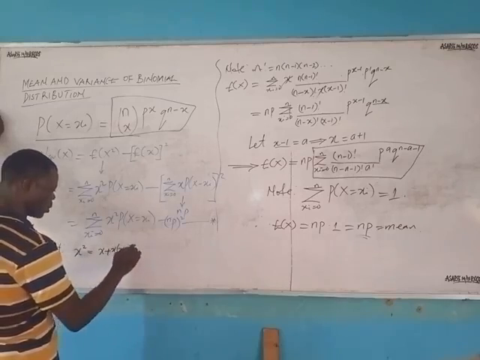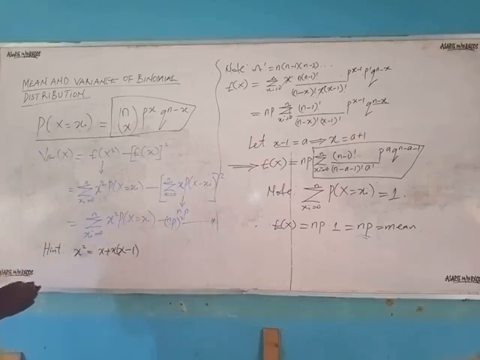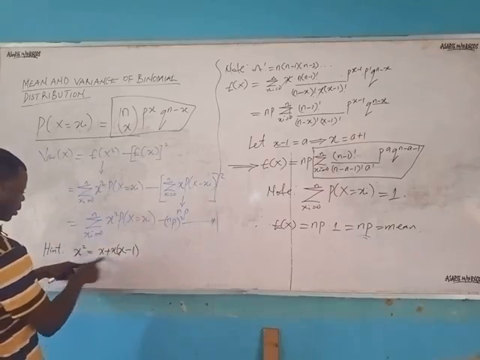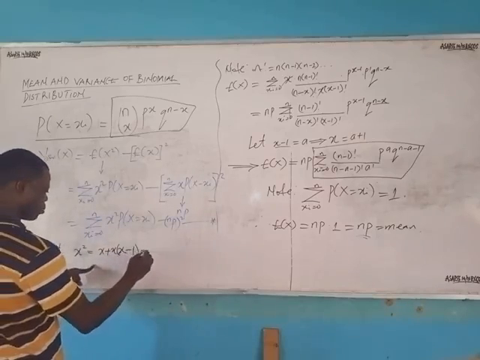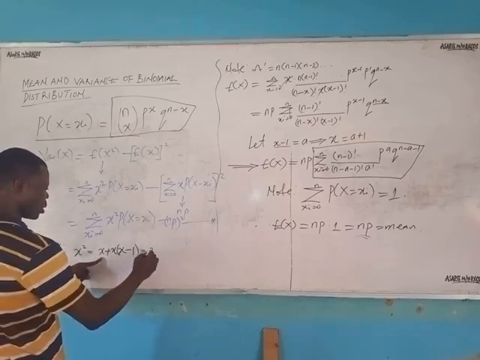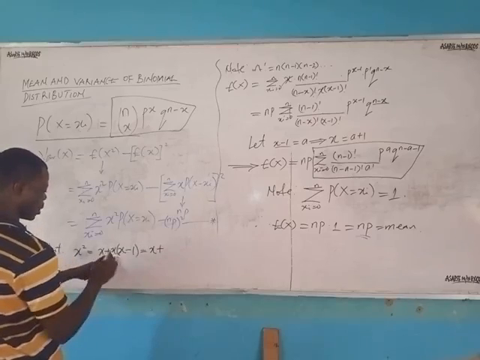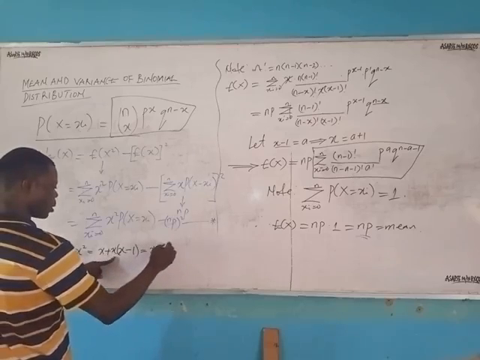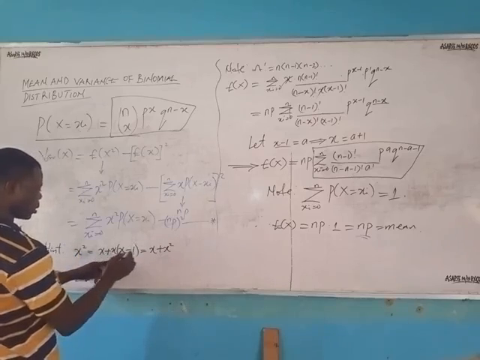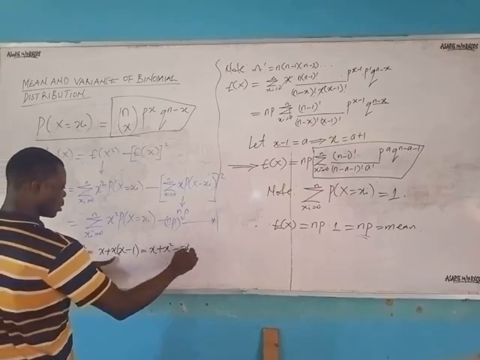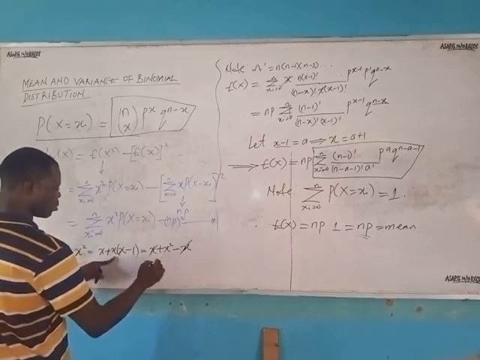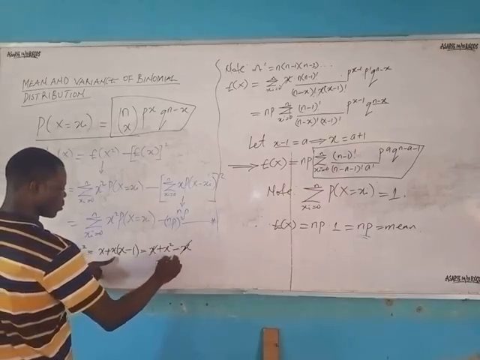So if we expand this, we can easily get x plus x times x, which is x squared, and x times this minus x. We cancel this, which is equivalent to x squared.